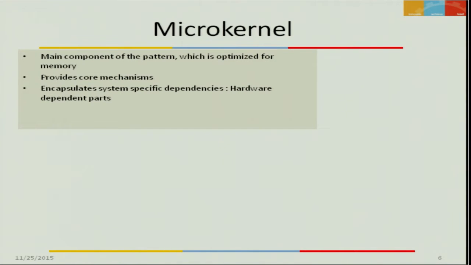Now in OS design, the microkernel typically runs in a privileged mode, because it is directly dealing with the hardware, and everything else, meaning the internal servers and external servers, all run in user mode. What are user mode and privileged mode?